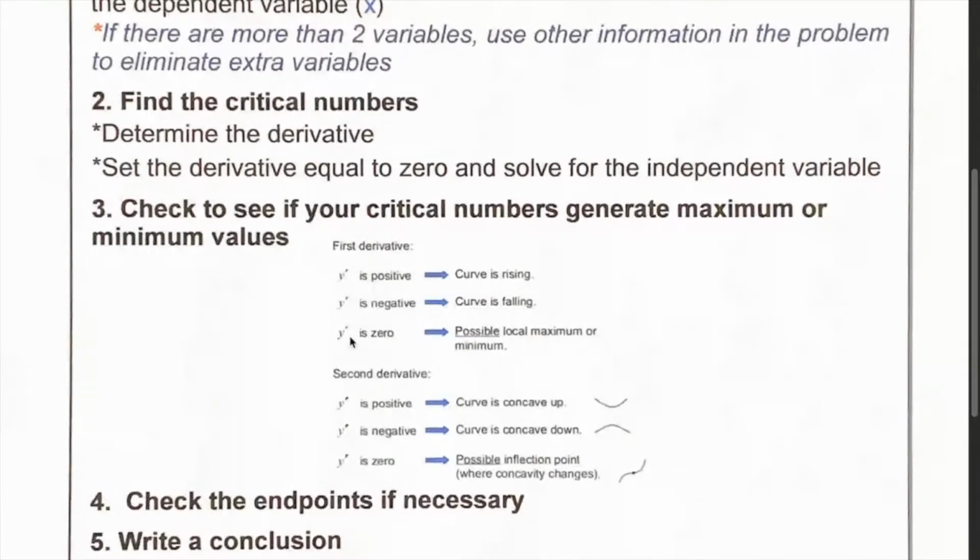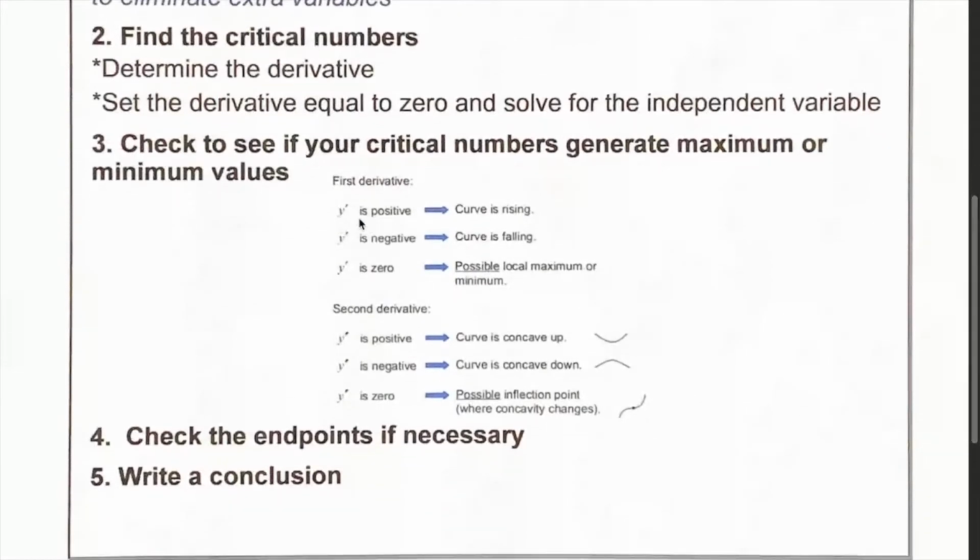The first option is to use the first derivative test. You'll remember that if the derivative of a function is positive, then the original function is going up, or increasing. If the derivative of a function is negative, the original function is decreasing or falling. And if the derivative of a function is 0, we know that's a possible maximum or minimum because the curve has a rate of change of 0, so it's neither increasing nor decreasing.